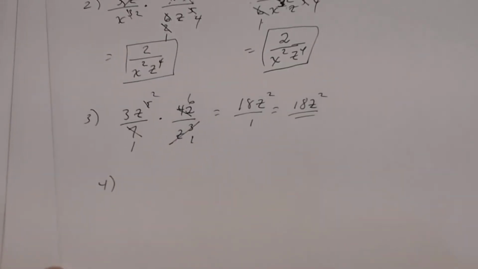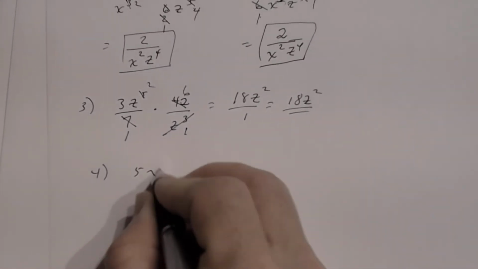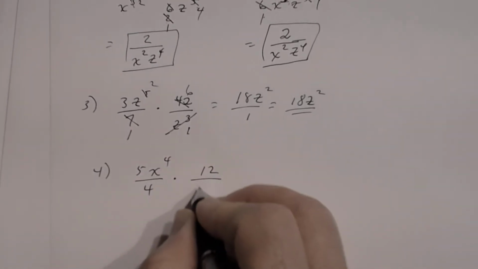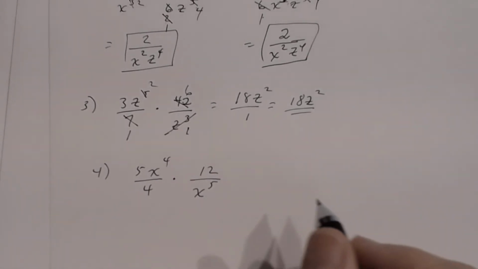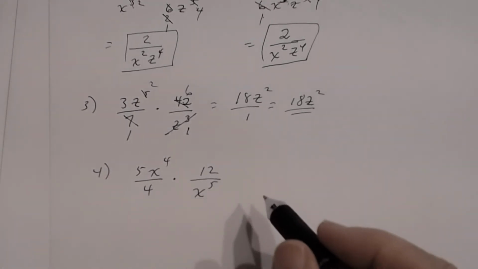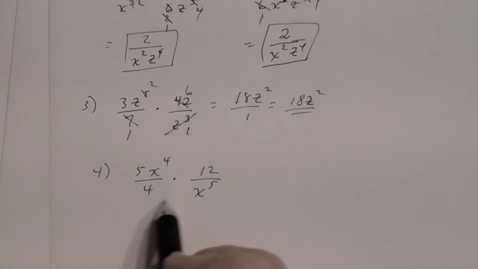In number 4, we have 5x to the fourth divided by 4 times 12 divided by x to the fifth. I have those two rational expressions. I want to multiply those rational expressions and also simplify. Let's look at the first factor, 5. Will 5 reduce with any factor down there?